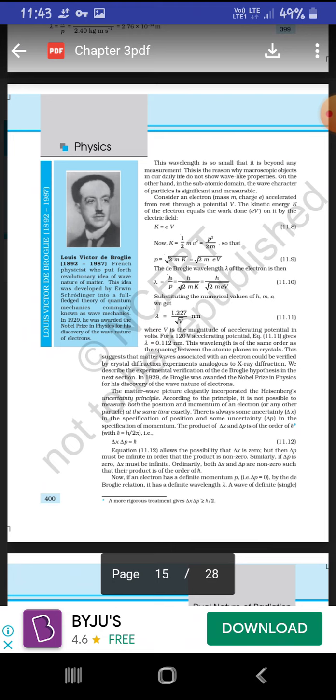According to the principle, it is not possible to measure both position and momentum at the same time. So there is some uncertainty in the position and some uncertainty in the momentum. Therefore the product of delta x and delta p is equal to h.